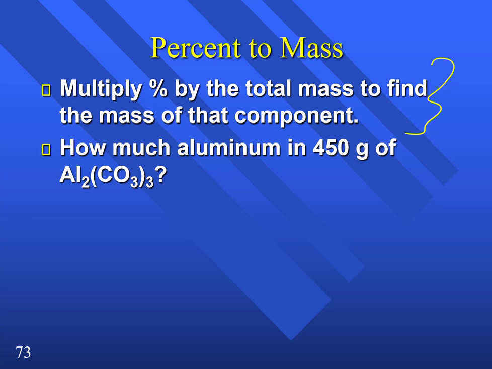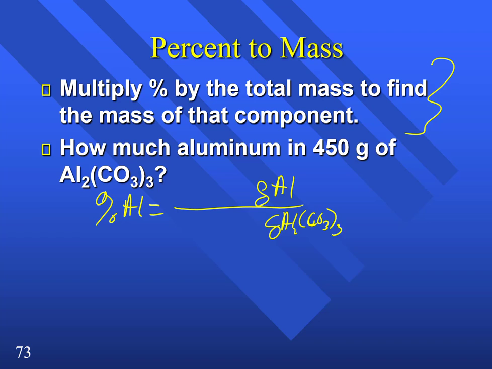I'm going to take that, multiply that percent. So that means I'm going to need to know the percent that's aluminum. And so that would be the grams of aluminum over the total grams, times 100%. Okay, so that means I have to add up aluminum carbonate.